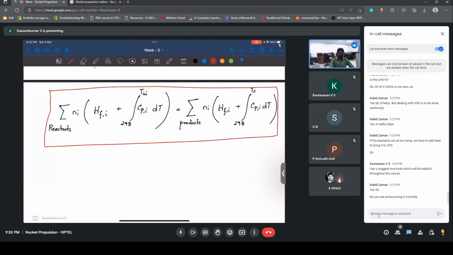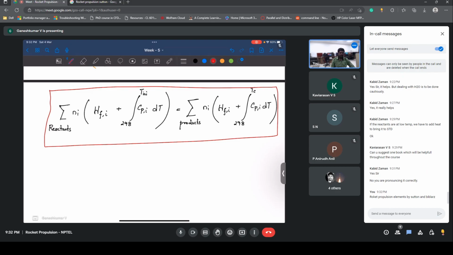So you can try that also. This is also a good book.